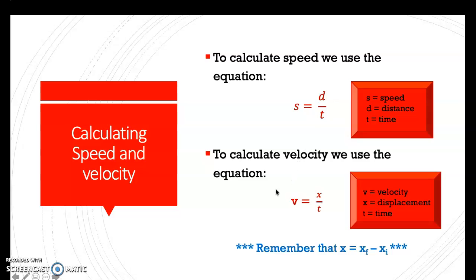For velocity, because direction matters, we can't use the distance the object covered. We have to use the displacement of the object. So velocity is displacement over time. And remember, if you're not given a specific displacement, like one singular value, you can figure out what displacement is by having the final position minus your initial position.